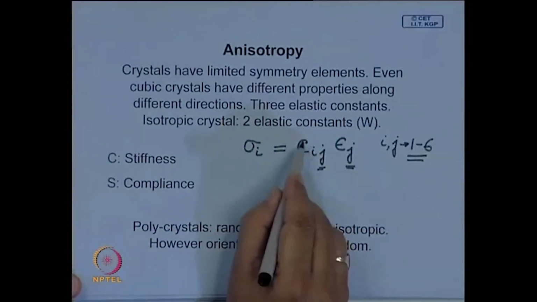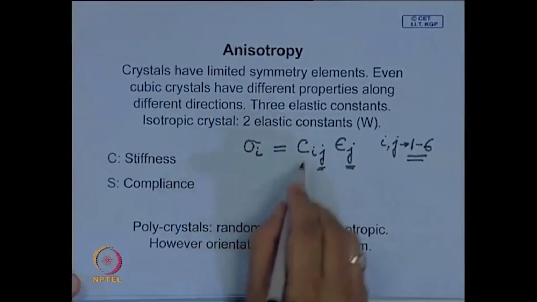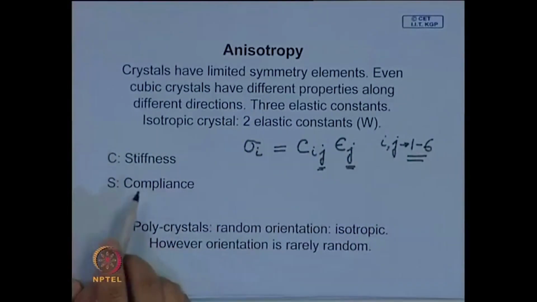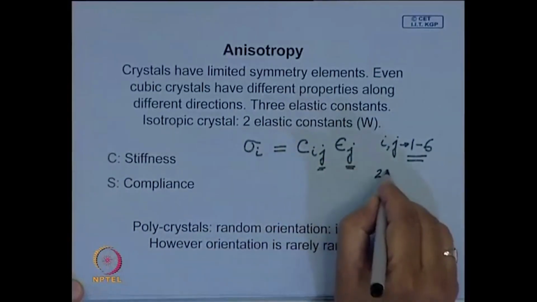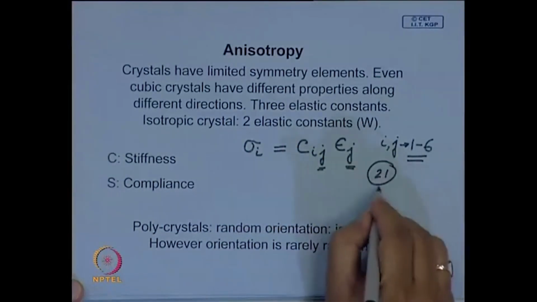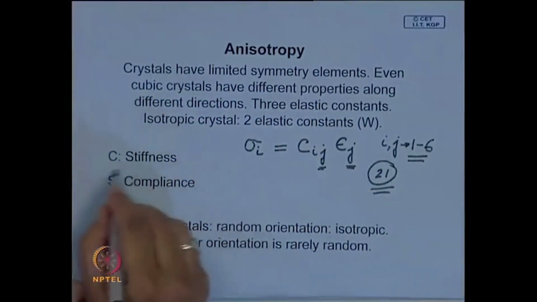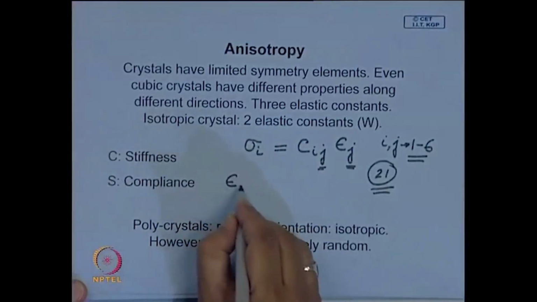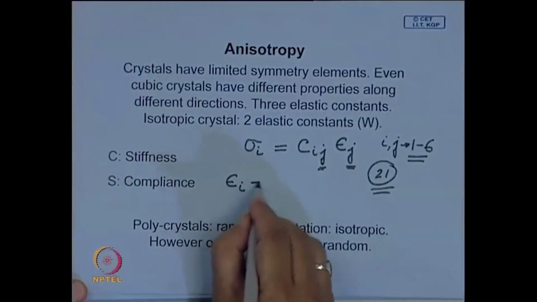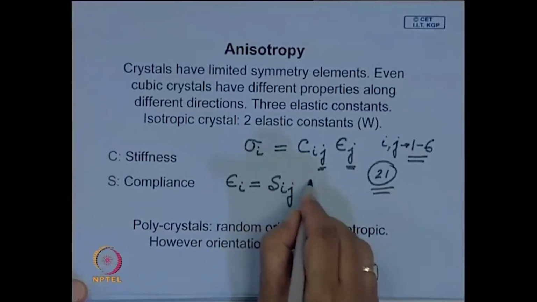So, you have a limited number of elastic constants, and a crystal having the least symmetry elements has 21 elastic constants. This is just a recapitulation of what has been done. Similarly, you can define strain also in the same way. This is S i j.